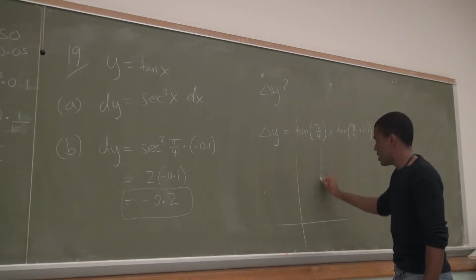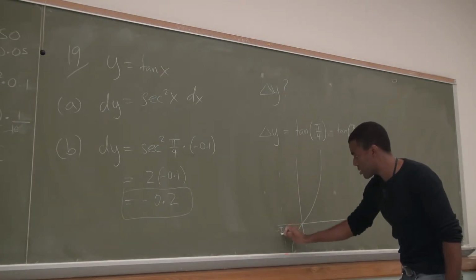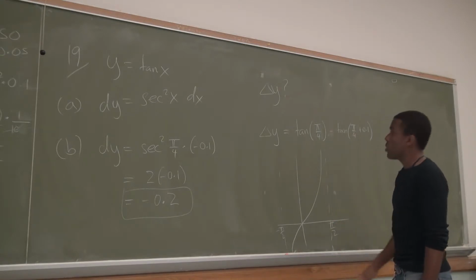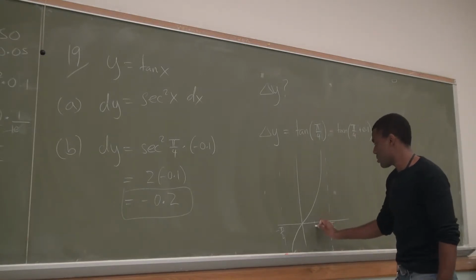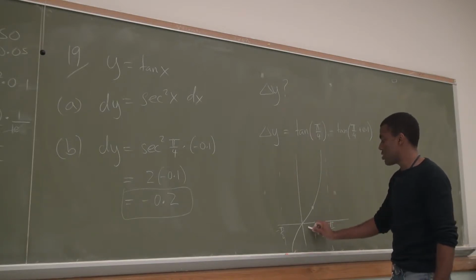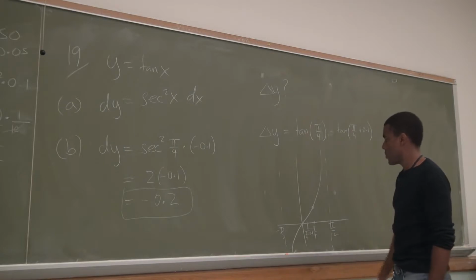Remember, the graph of tangent between 0 and pi over 2 looks like this. We are at pi over 4, which is here. Now if your x value moves in this direction, this would be pi over 4 minus 0.1.